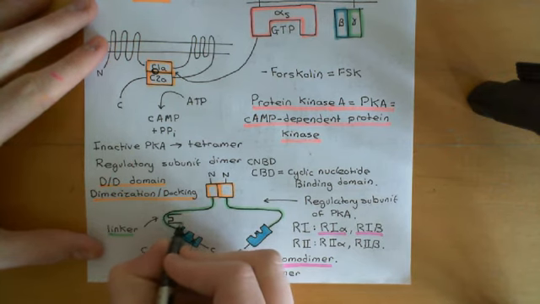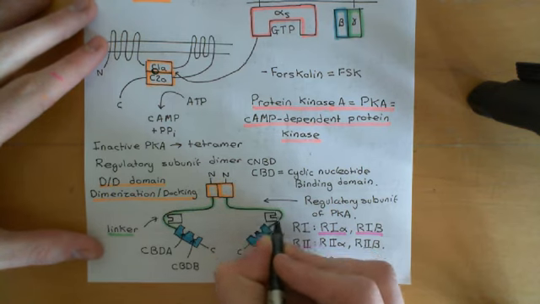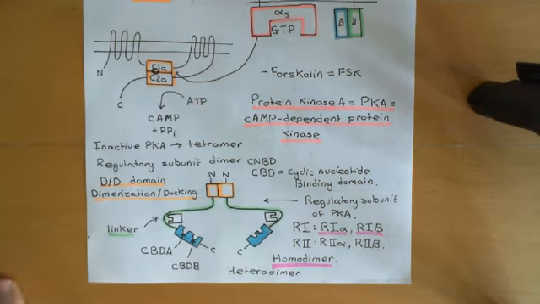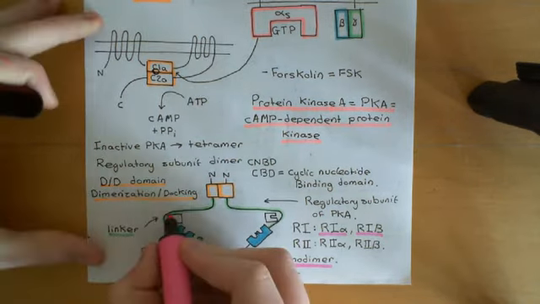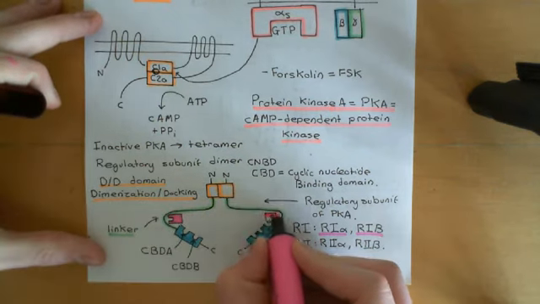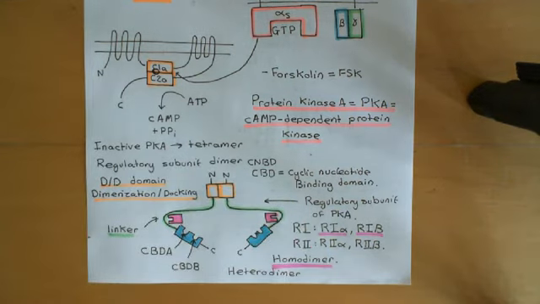Now I'll draw the little catalytic subunits in here. I'm drawing the catalytic subunits in the typical way that you show enzymes, with a little active site there. I'll colour these in vivid purple. These are the catalytic subunits of protein kinase A. In the inactive form of protein kinase A, you build one of these regulatory subunit dimers.